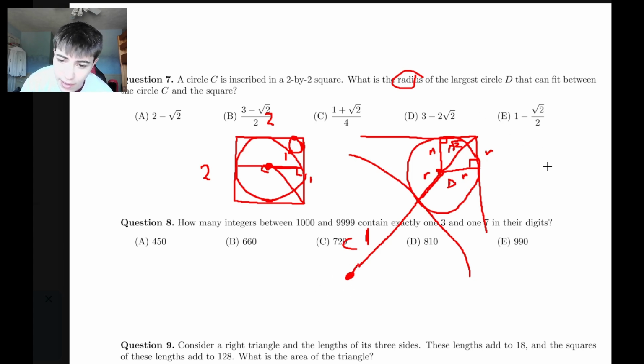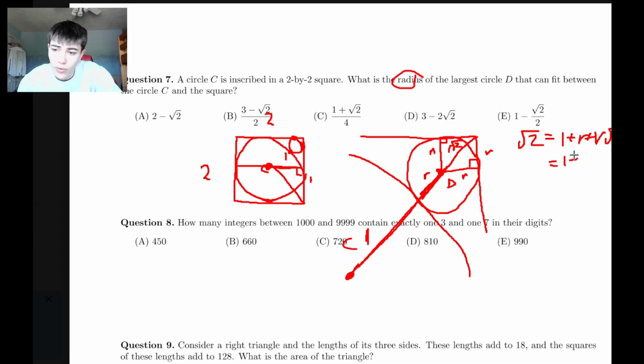But we know what that length is. We know that it's equal to the square root of 2. Okay, but we also know that it's equal to 1 plus r times the square root of 2.